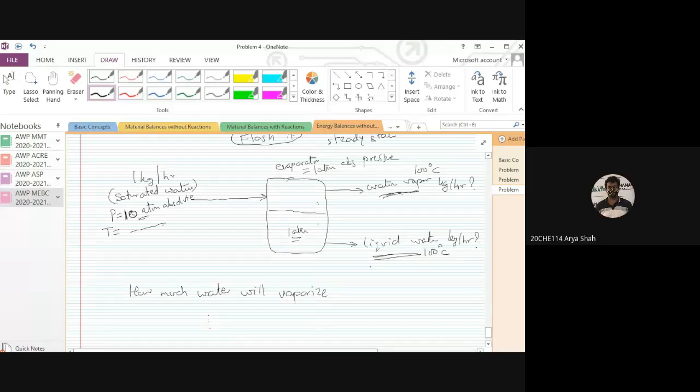Yes, sir. So you don't have to take my word for it. We can calculate ourselves, right? So let's do this problem. I will share the steam table and then we will write all the values. Okay, let me open the steam table. So everybody please download the steam table. Use your Google skills.